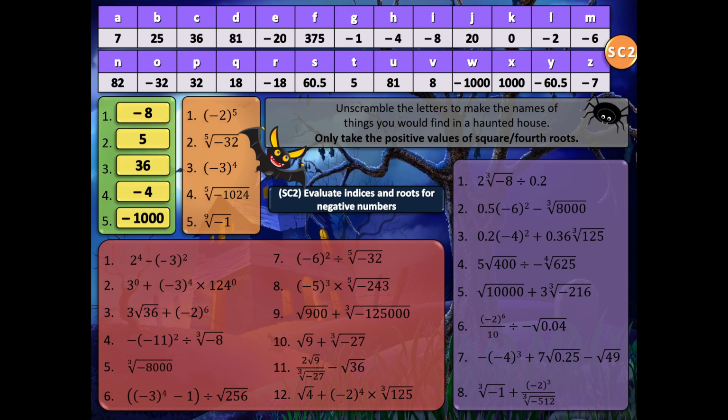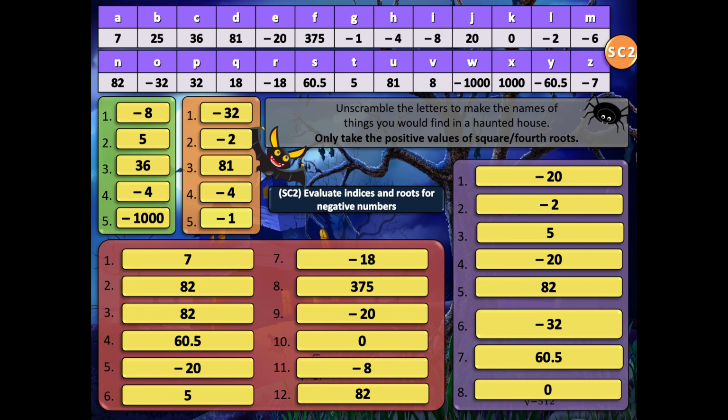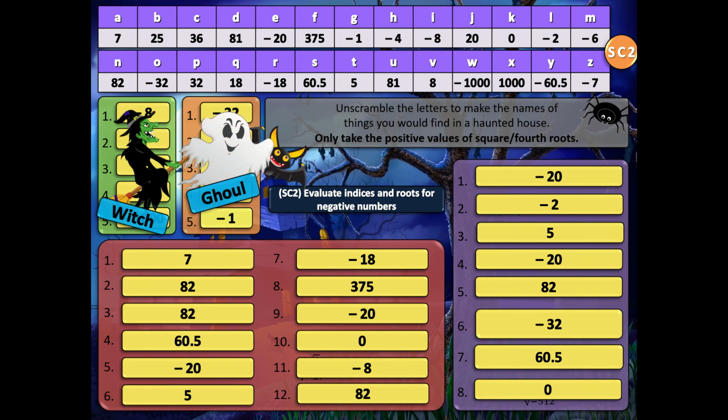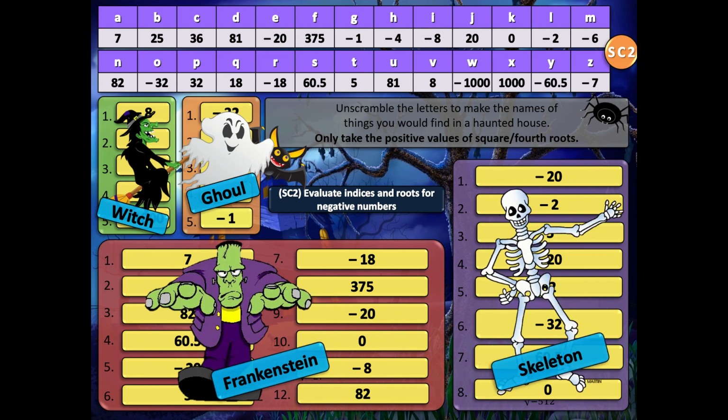So there's your green answers, there's your amber answers, there's your red answers, and there's your purple answers. Your green answers made witch, your amber answers made ghoul, the red answers made Frankenstein, and the purple answers made skeleton.